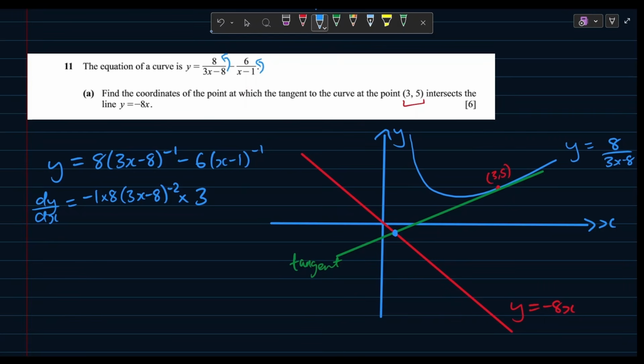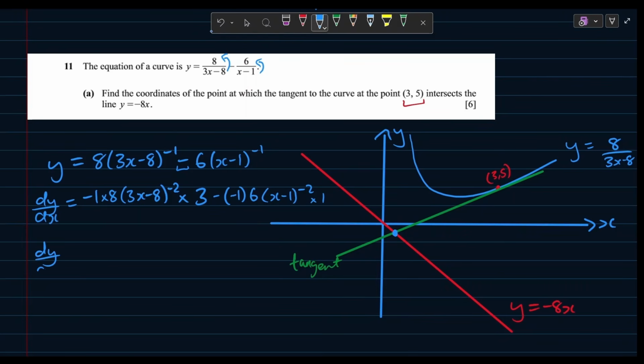Okay, and then I have this negative sign here, so I've got my negative, and then I'm going to bring down that negative 1, and we're multiplying the 6x minus 1, subtract 1 from your power, so negative 1, that's negative 2. Differentiate your inner function, so differentiate x minus 1, you get 1, so you're just multiplying by 1.